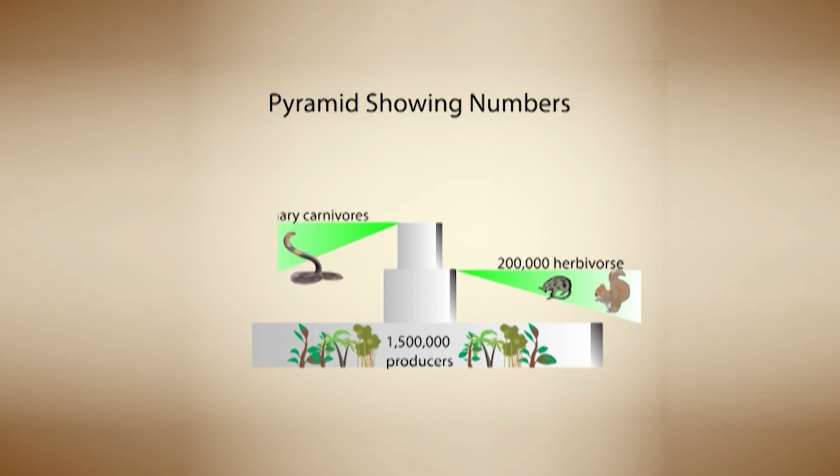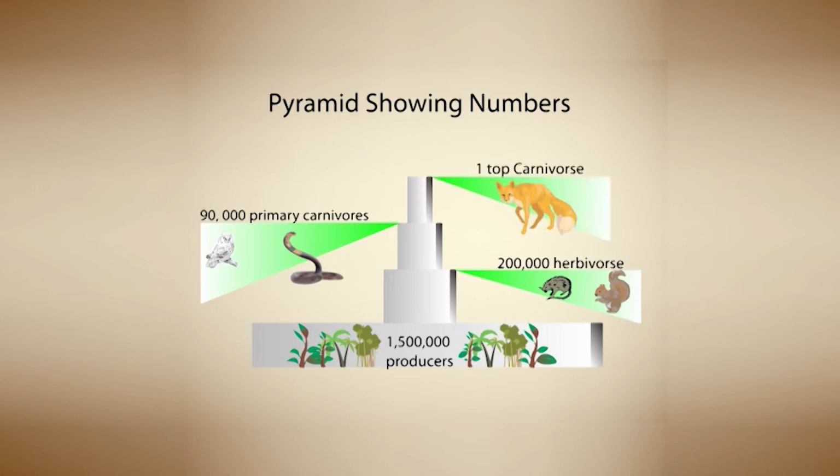Similarly, at the secondary consumer level are snakes, lizards, which are lesser in number than rabbits and mice. Finally, the tertiary consumers like hawks or other birds are least in number and hence the pyramid becomes upright.